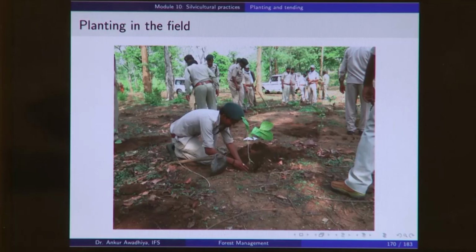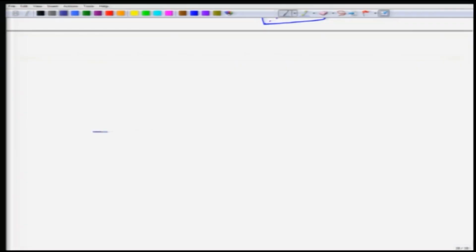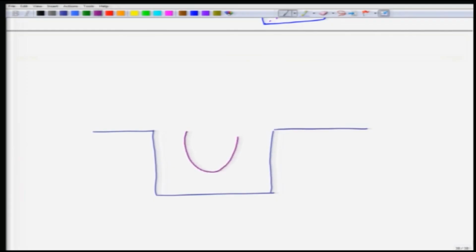in position. Now, when we are putting a plant, it is essential to ensure that the collar depth is maintained, which means that the plant should be put in such a position that this collar is at ground level.